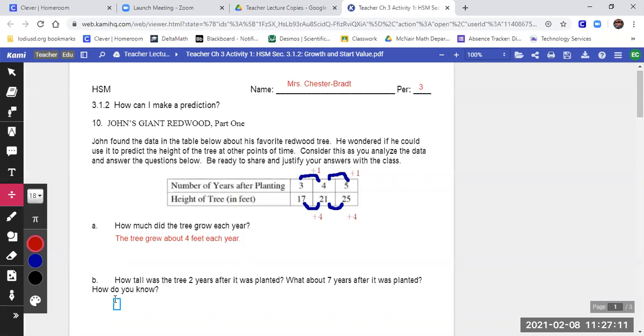Okay, so what number are we going to be subtracting from then to figure out year 2? From the 17. So 17, take away the, how much are we subtracting? The 4. Means that in year 2, it was how big?